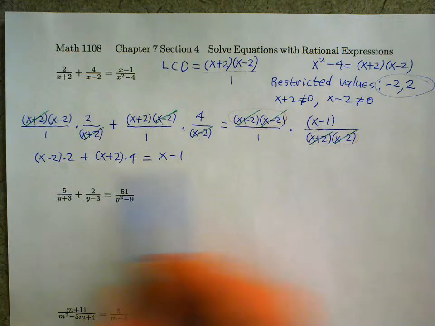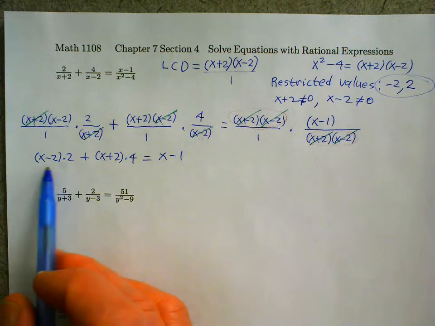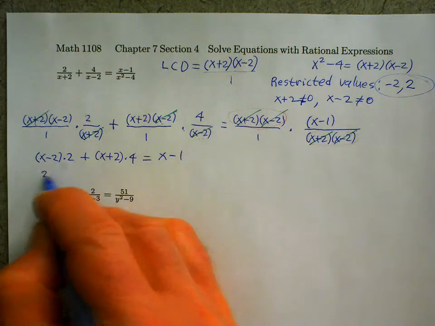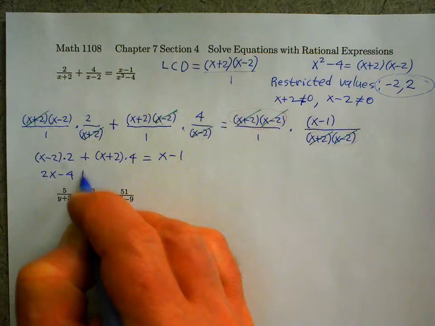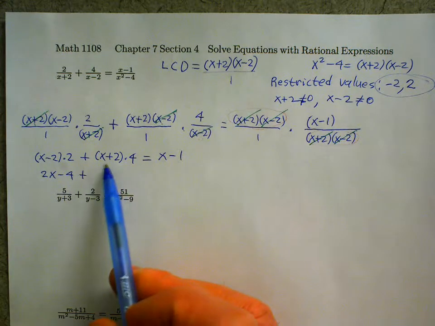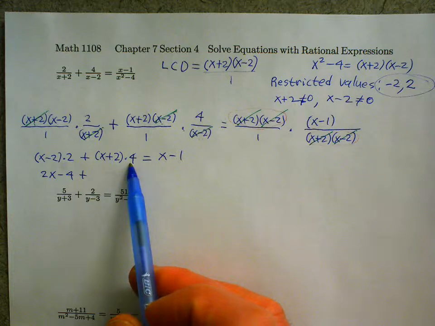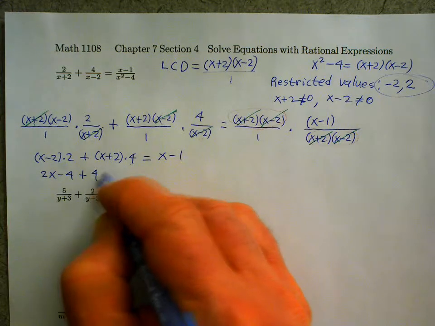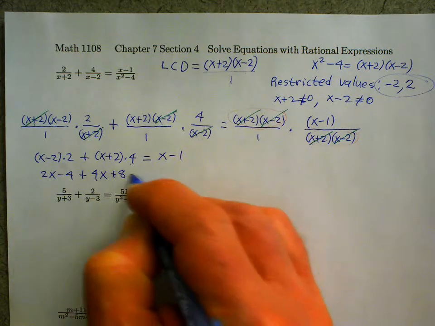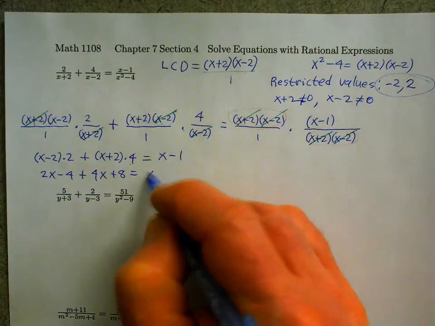Now we solve this equation. X minus 2 times 2 is 2x minus 4. And we add that to x plus 2 times 4, which is plus 4x plus 8. And the right-hand side is x minus 1.